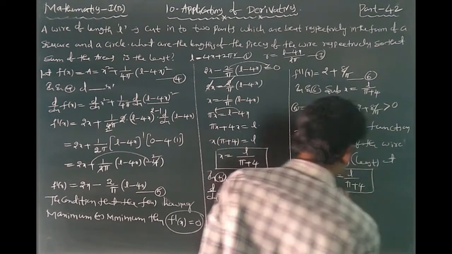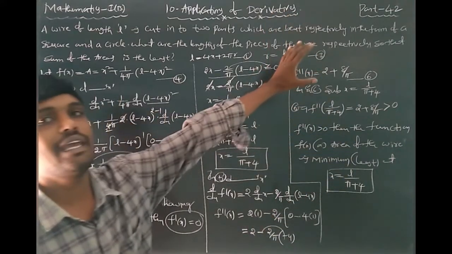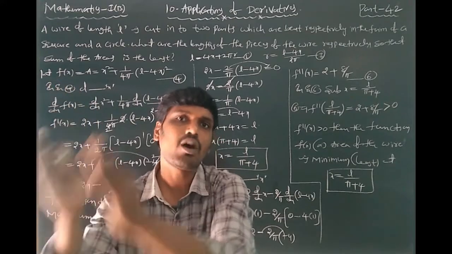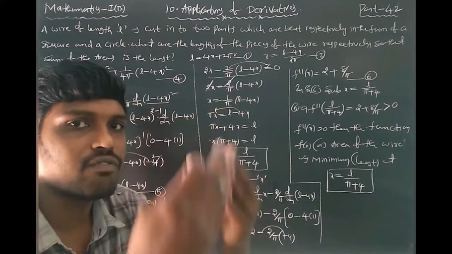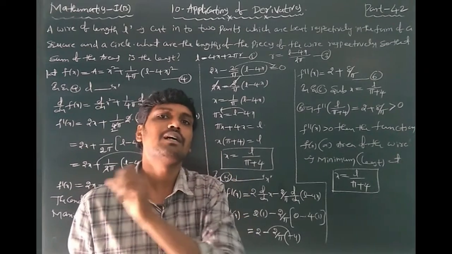You get the x value, that is L/(5+4). At this value, the sum of the areas of the parts of the wire is least or minimum. After that you can find the length of the first piece and the length of the second piece.